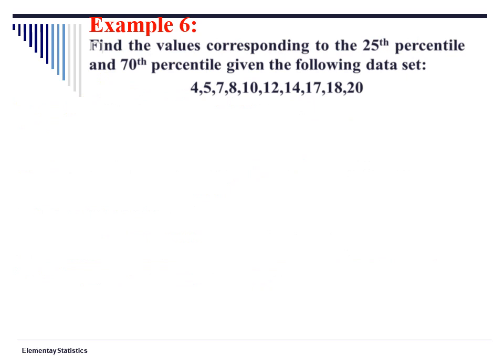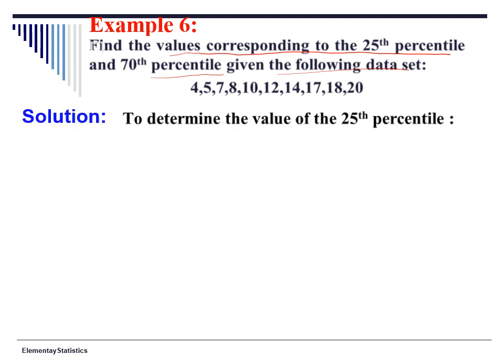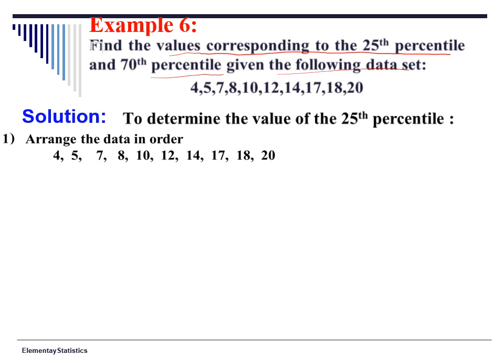Now let's look at this example. Find the values corresponding to the 25th percentile and 70th percentile given the following data set. The first thing you have to do is arrange the data in ascending order. The data set is already in order.